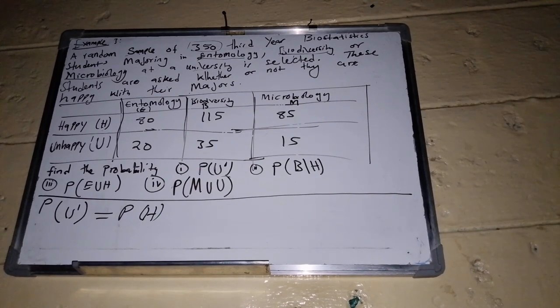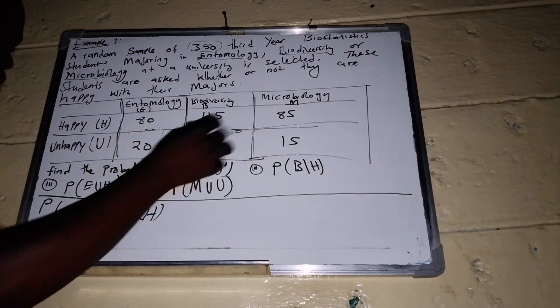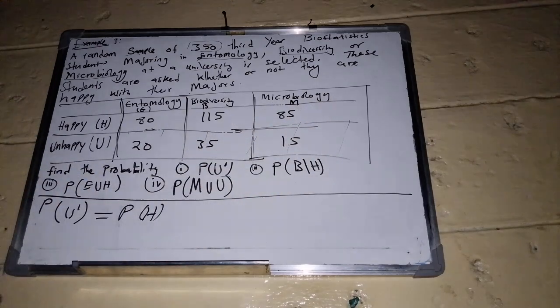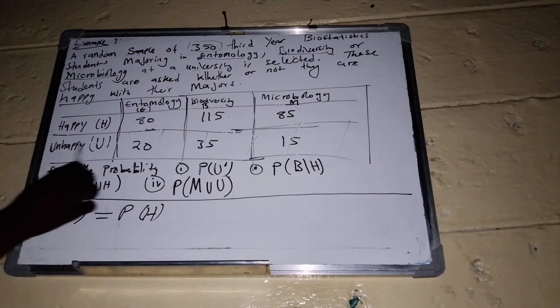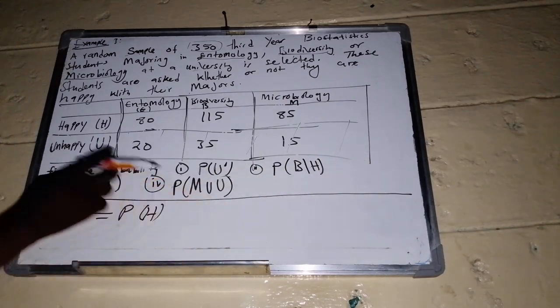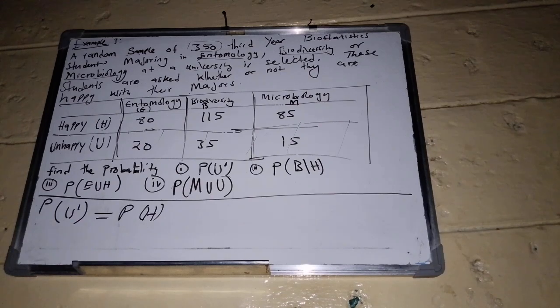So if I'm talking about the probability of U complement, what is U? U is unhappy. So it means that I'm talking about the probability of not being in this row. If you are not in this row, obviously you are supposed to be in the row for the happy part. So where am I getting this principle from?